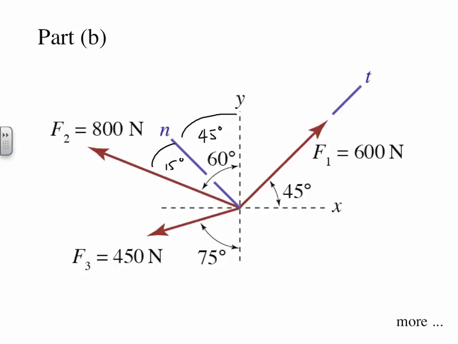Force F3 is 75 degrees off the negative y-axis, which is 105 degrees off the positive y-axis. Again, because the normal axis is 45 degrees from the y-axis, the angle between F3 and the normal axis is 60 degrees.